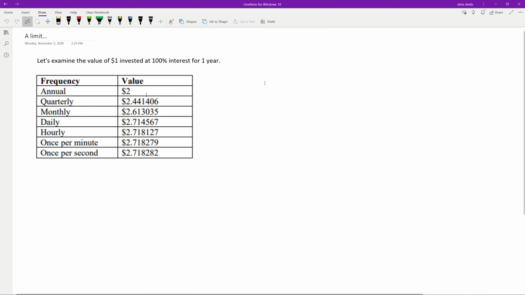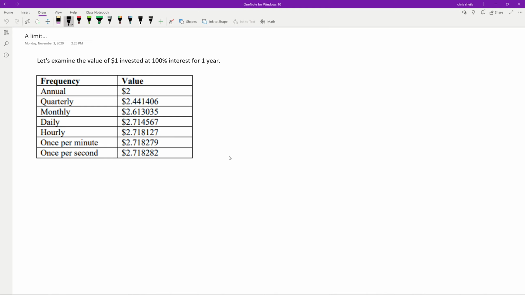Notice that as my frequency in this table is increasing, the amount of money in the account is increasing, but once I start to get to daily, and then hourly, and then minutely, and then secondly, that amount of increase is going down, right? They're all 2.71 something, right? You're barely gaining any money at all, especially between compounding per minute and compounding per second, even though per second is 60 times more frequent, right?